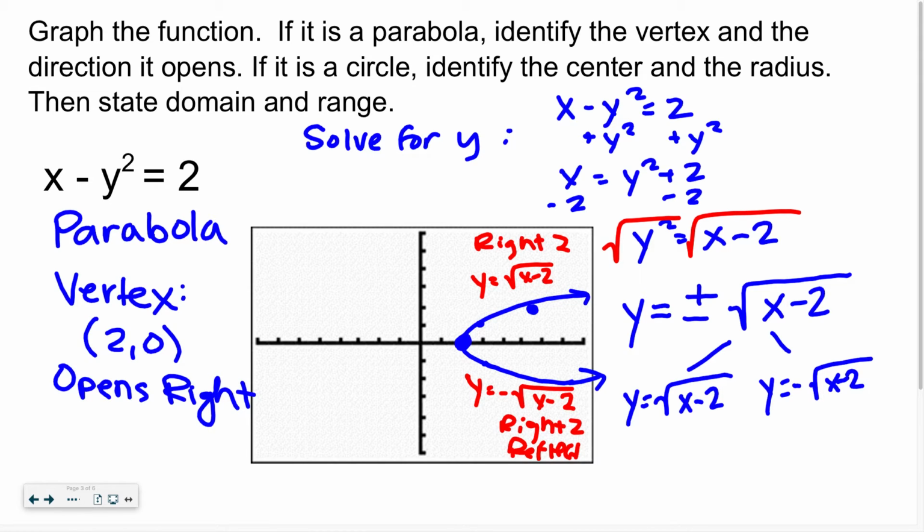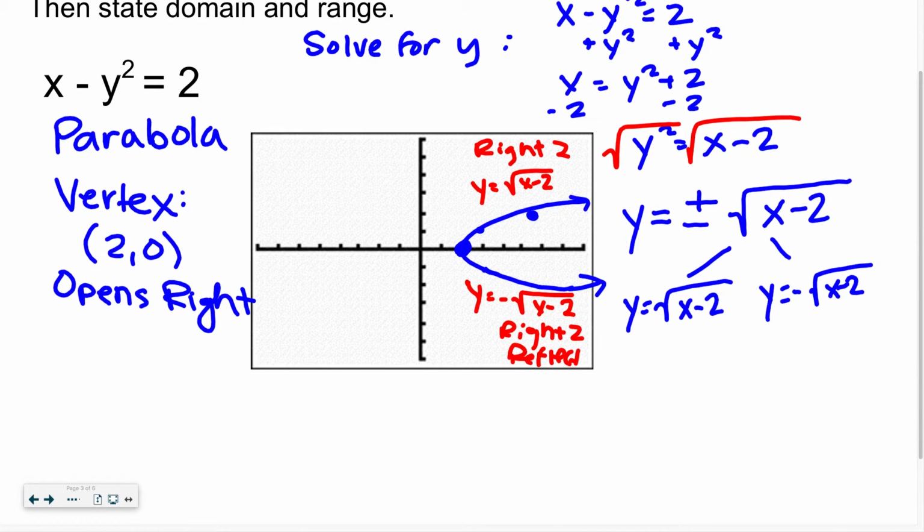And I think I also asked you to do domain and range. Okay, so remember domain is x's where you see a graph. No graph, no graph, no graph, no graph. Finally a graph at x equals 2. And then a graph everywhere to the right of that. So all x's that are greater than or equal to 2.